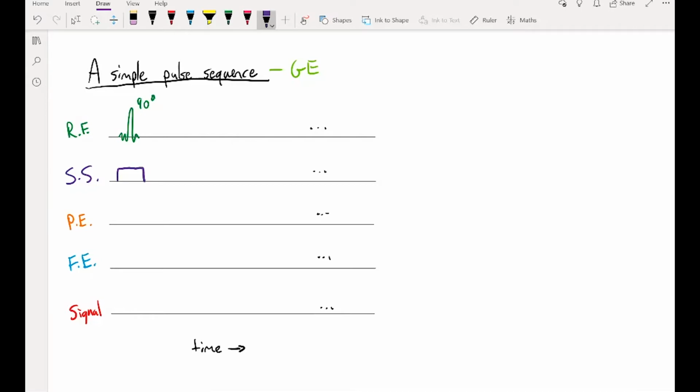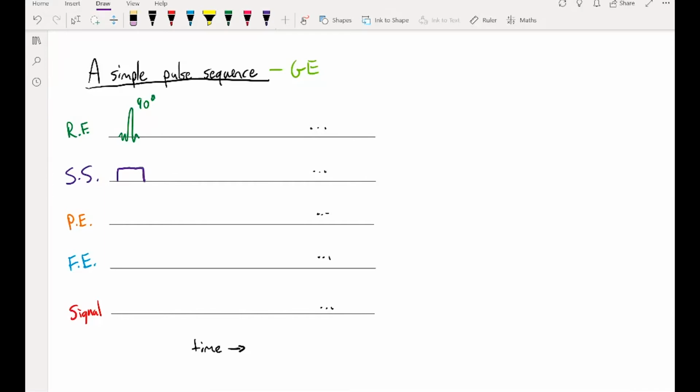So the box here is representing when the slice selection gradient is turned on, and the duration that it's on is basically the width of the box, and when it's turned off, the box truncates. I guess it closes off. So it's essentially representing the magnitude of the gradient and when it is turned on and off.